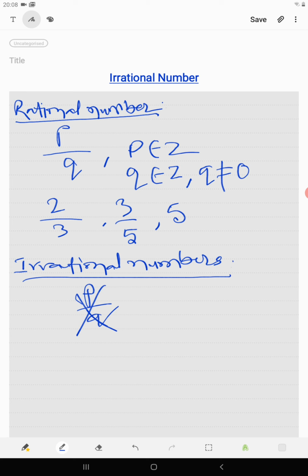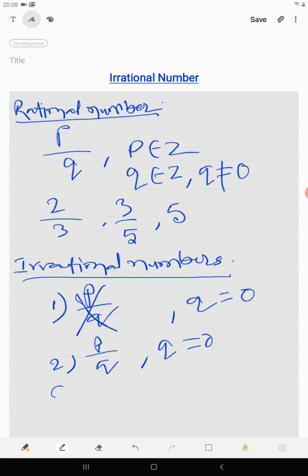And even if it is P by Q, then Q should be 0. The condition is Q should be 0. Then only P by Q will be an irrational number. So P by Q is irrational only when Q equals 0. This is the second thing.